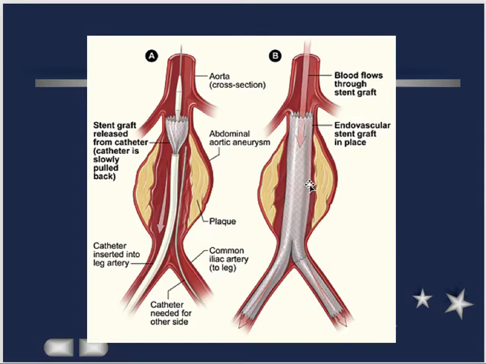Endoluminal procedures are very popular nowadays, and why? Because they can access the aorta through the femoral arteries, and through that they can put the stent or graft. Mostly it is made up of Dacron.